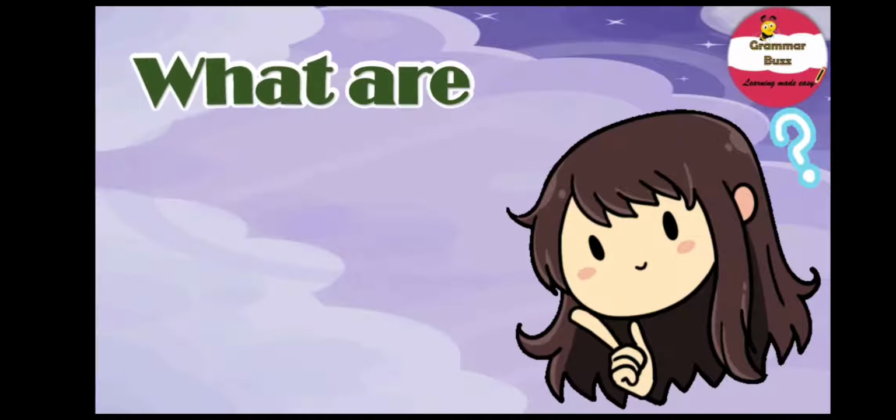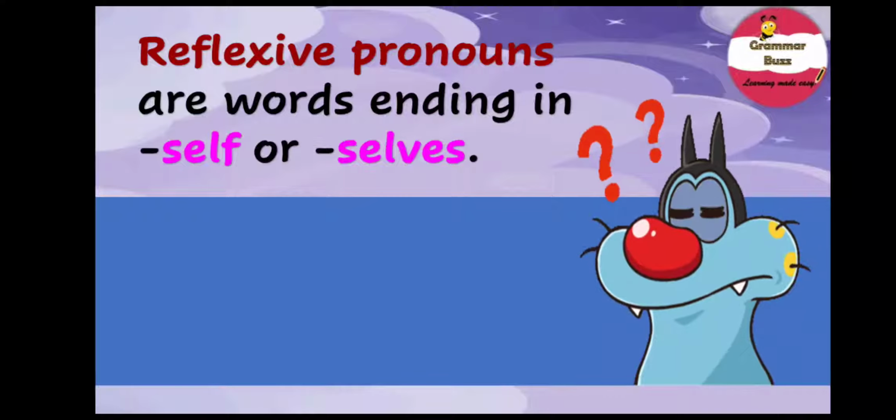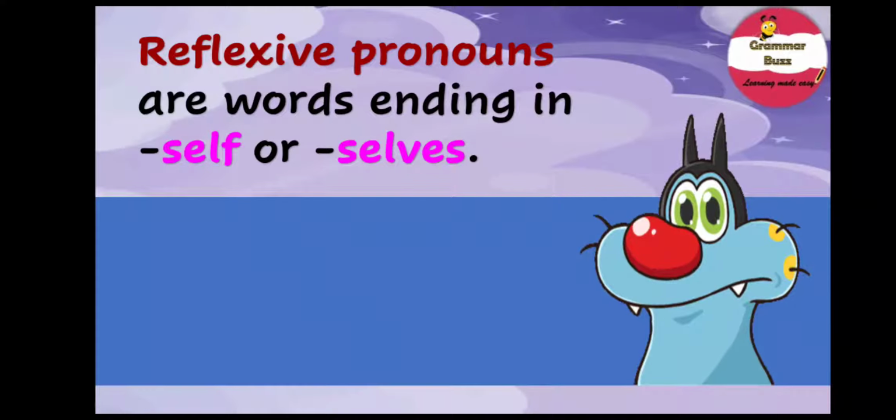So, here comes the most important question. What are reflexive pronouns? What do you understand by reflexive pronouns? I guess you already have a bit of an idea about what reflexive pronouns are. So let's find out what they are. Well, reflexive pronouns are words ending in self or selves.